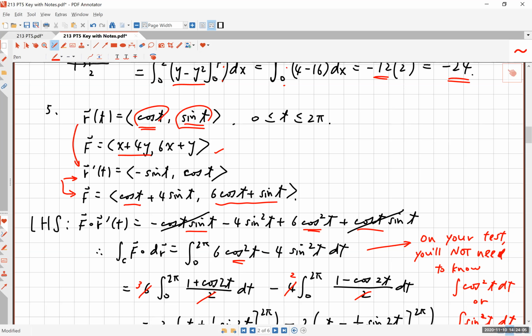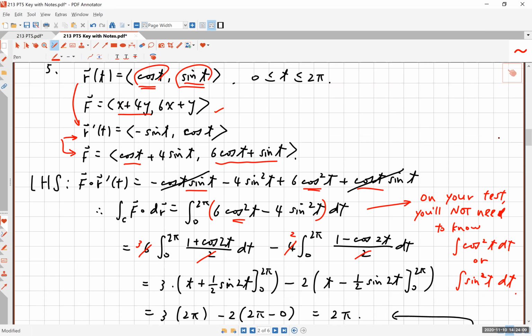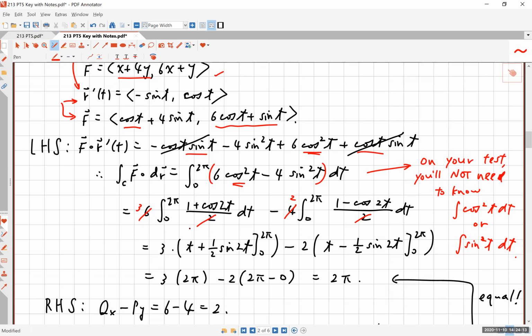Now, do you have to know these things? Am I going to ask you questions like this? Although I do expect you to still remember that the integral of cosine squared is 1 plus cosine 2t over 2, you would not need to remember that on your tests. As I indicated in my solution key, you will not need to know the integral of cosine squared or sine squared.